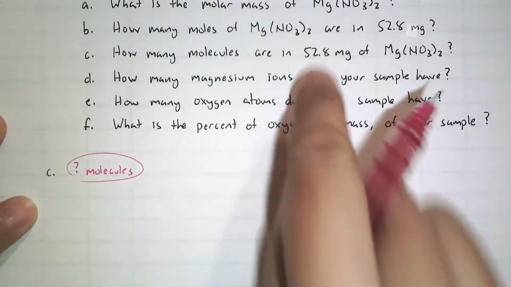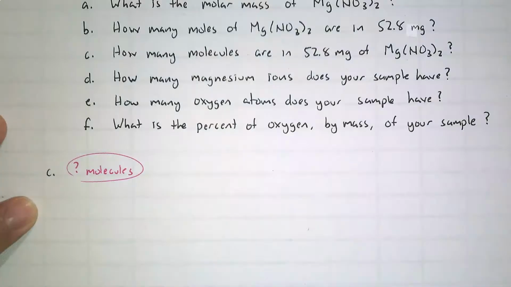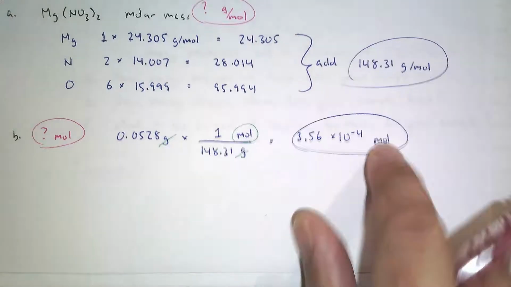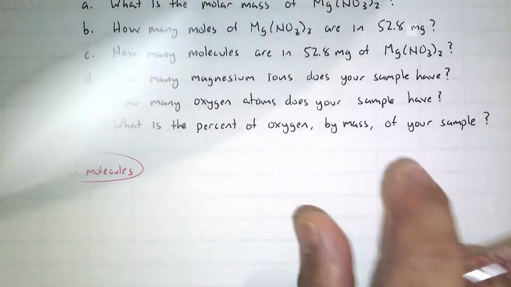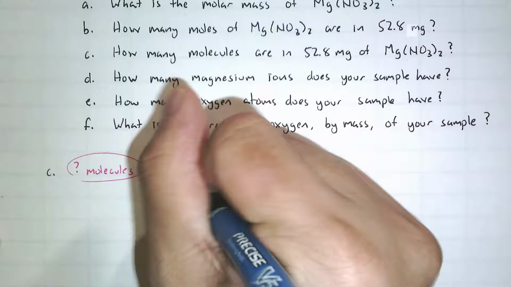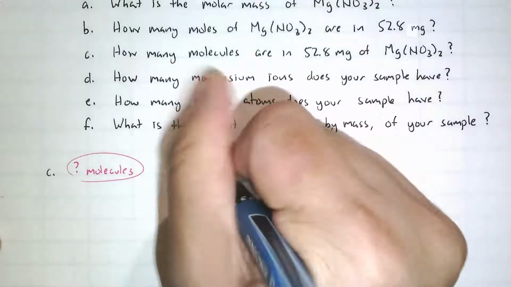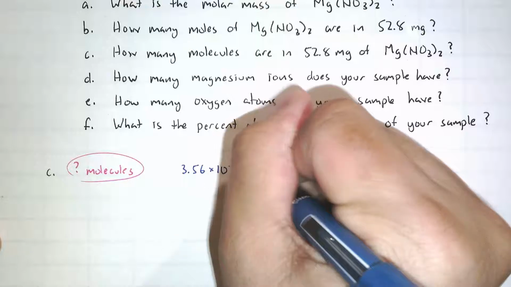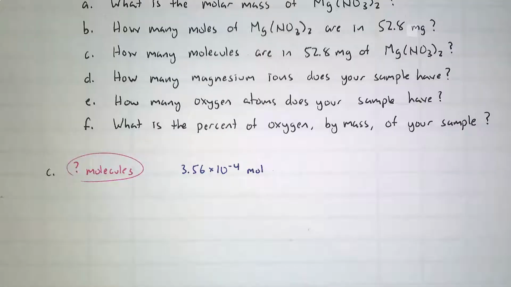I do have that, but in the previous problem I do have moles. Okay. And what is that? Moles of magnesium nitrate. Let me do that. 3.56 times 10 to the minus 4 moles. Okay, that's now my data.